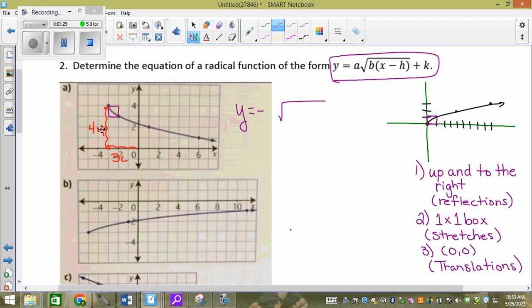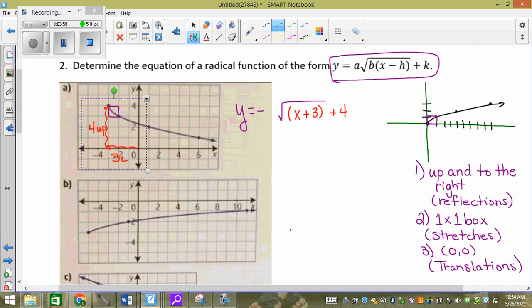Because we start at 0, 0 when we move, correct? So how do I put in 3 to the left? X plus 3. I technically don't need the bracket because there's no stretch, but I'm proving a point. You have to have a 1 in front of our x. And then I need to move 4 up, plus 4. That's it. If I type that in, I'll get that graph. Okay?